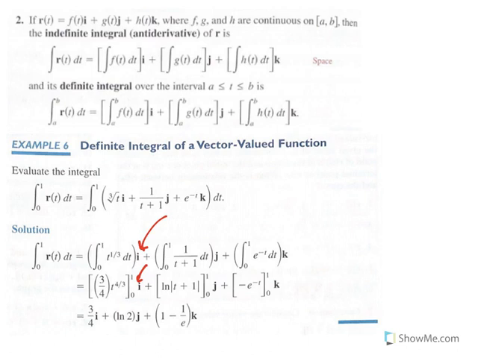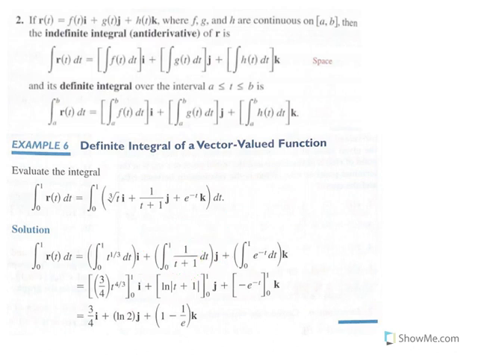What's an antiderivative of 1 over t plus 1? It's the natural log of the absolute value of t plus 1. Evaluate that at 1 and 0, subtract, and multiply by the standard unit vector j.